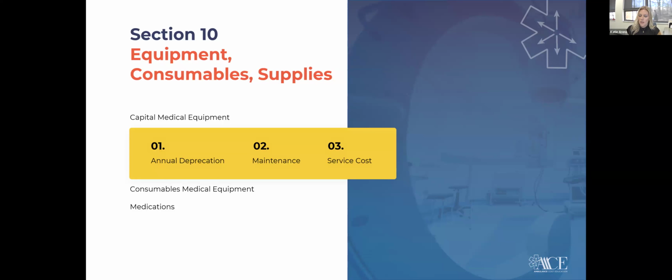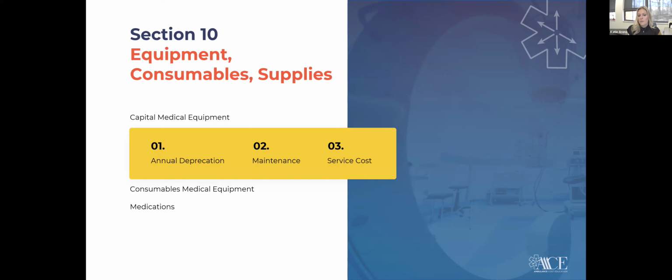You're going to include what the annual depreciation amount was if you do depreciate those types of equipment. But if you don't depreciate and you're just cash basis only, you would just put the full cost in there that was assumed during your collection period. And then any maintenance fees associated with that equipment and service fees as well.